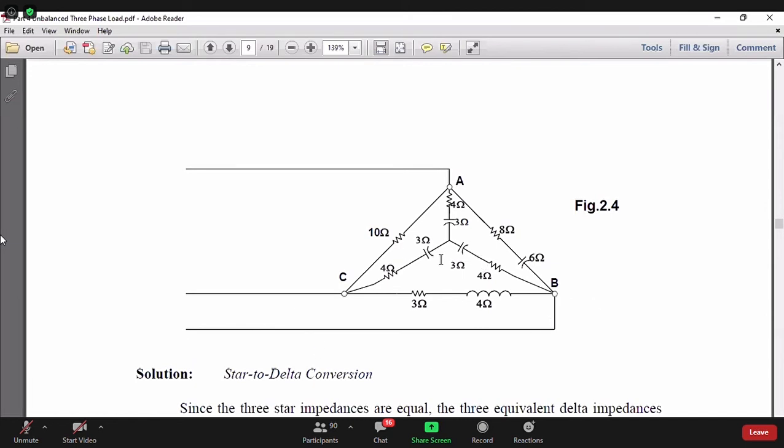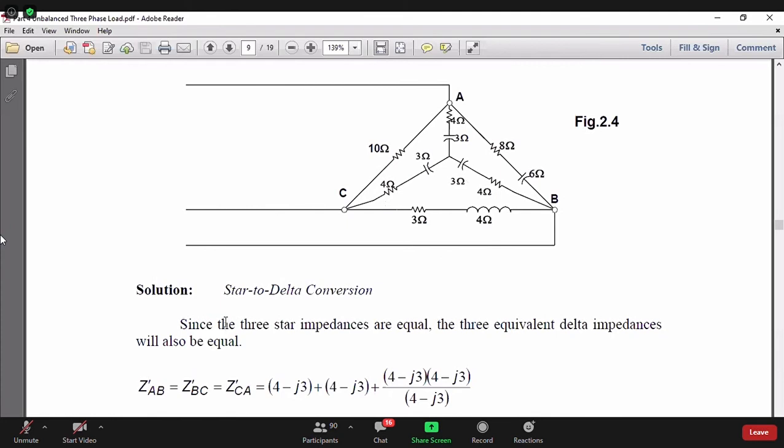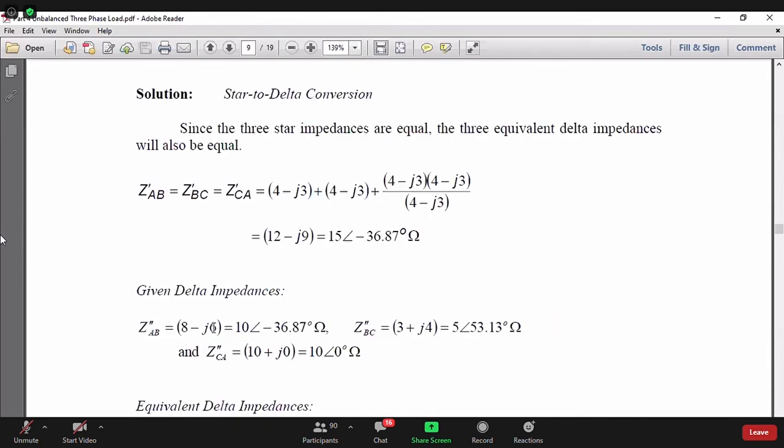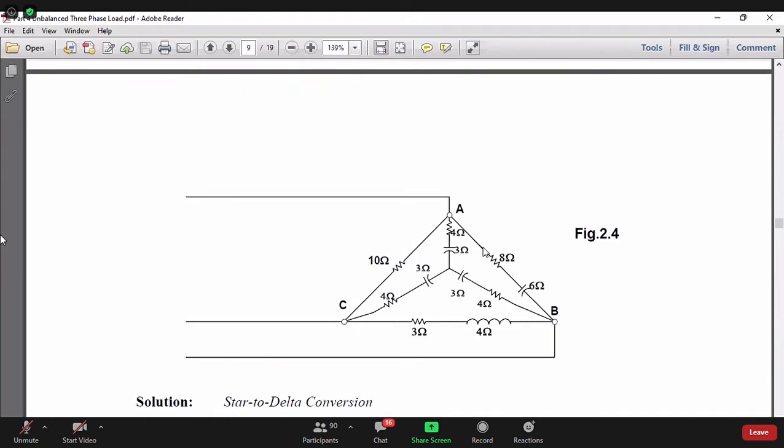Convert the star to delta and then take the equivalent impedance. So here it is the star to delta conversion. Here the star is being converted to its delta, and then every delta impedance is, for example, between A and B, one impedance 8 minus j6. Then there will be a parallel impedance which will be coming from the star.